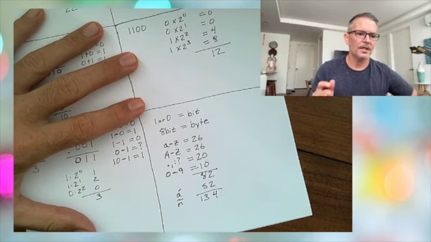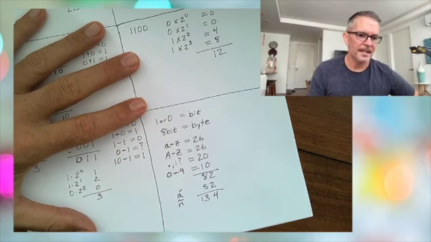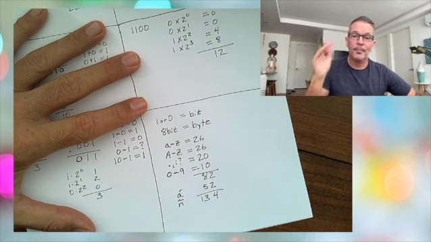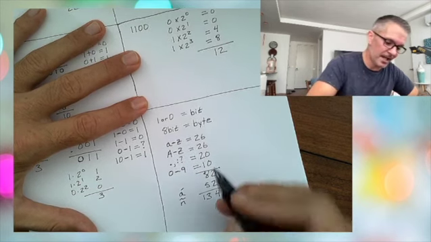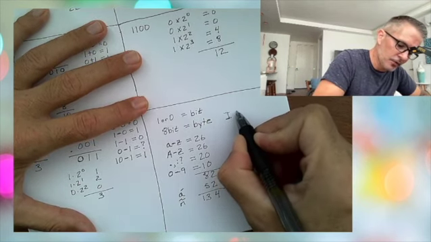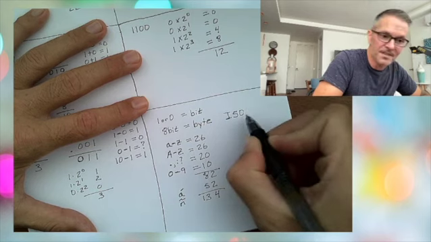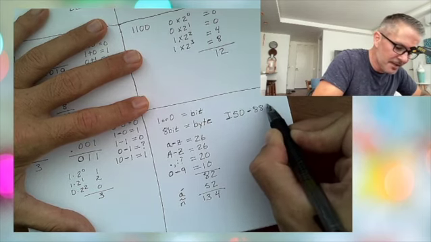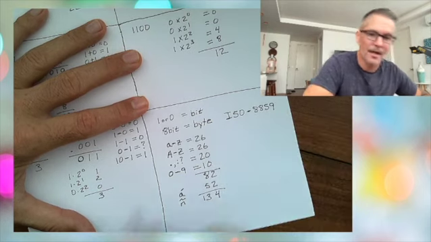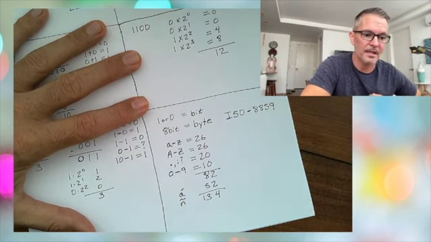Well, it turns out that the most popular standard was developed in 1987. It's called ISO 8859. ISO stands for the International Standards Organization, and this is the 8859 standard for representing Western European languages.